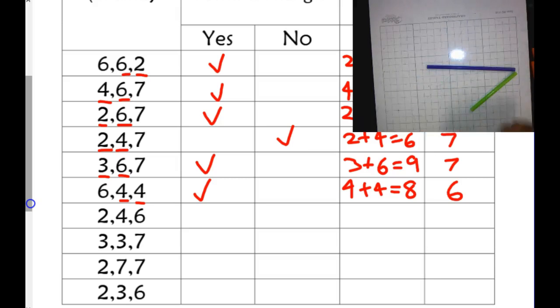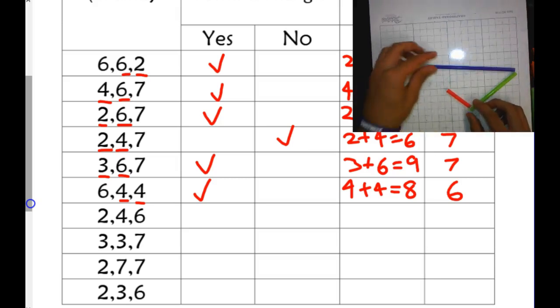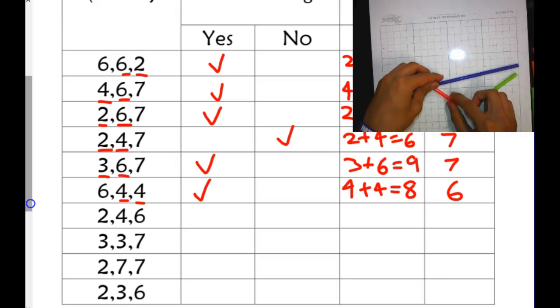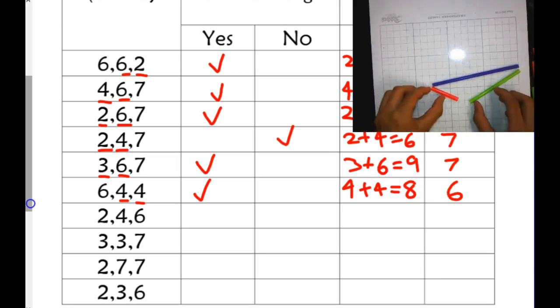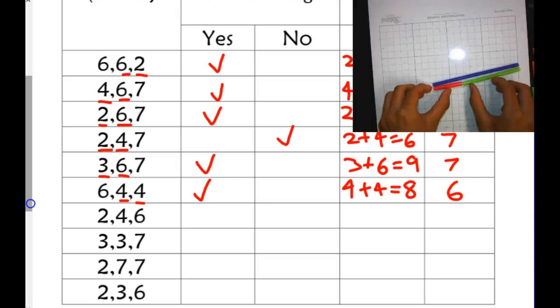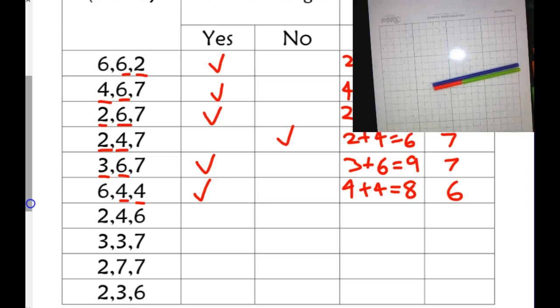This is the one we talked about a little earlier. Keep going, and going, and going. And there you go. All right. Is that a triangle? No. It's just flat. So 2 plus 4, the smaller sides. No. And then the longest side is 6.